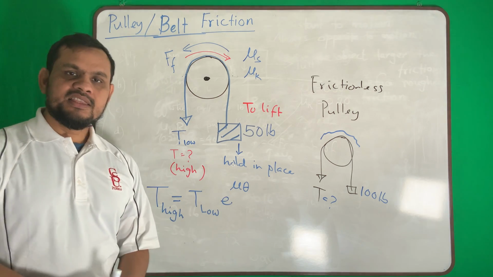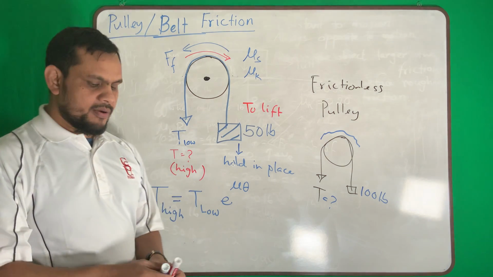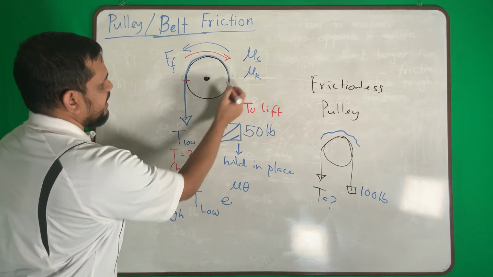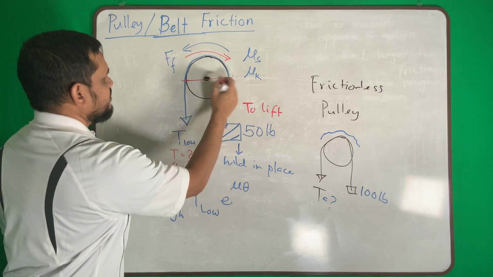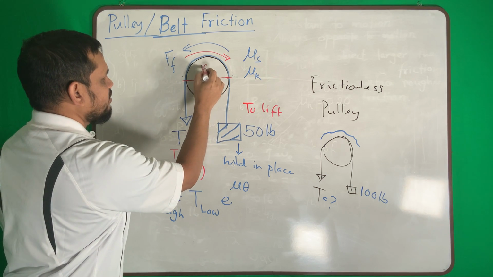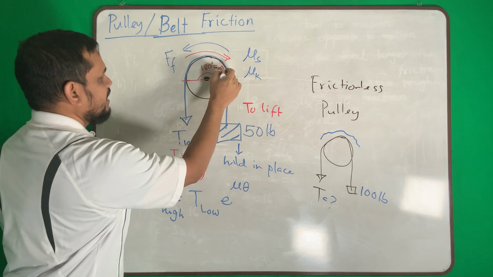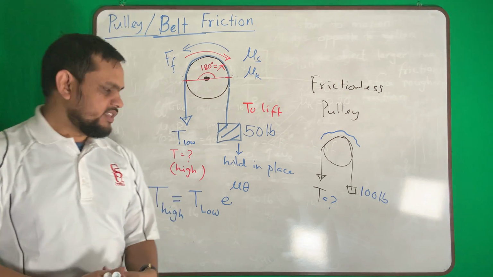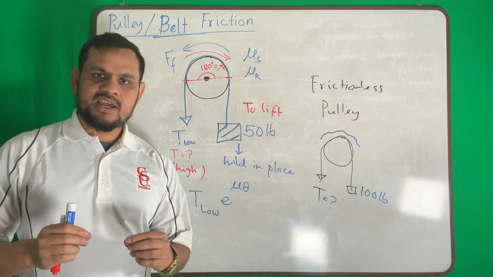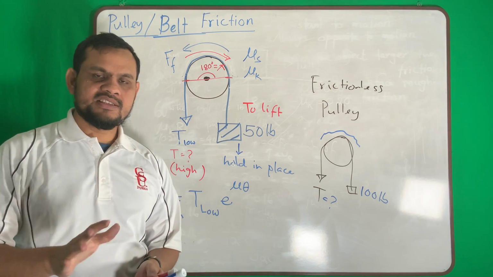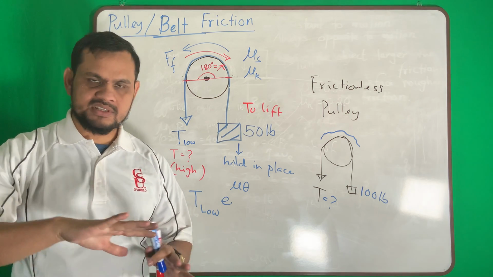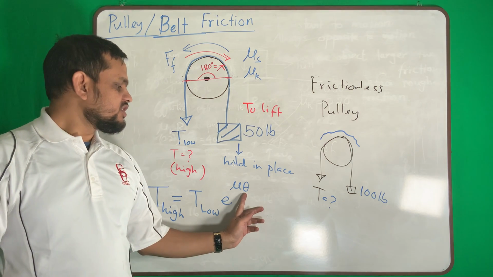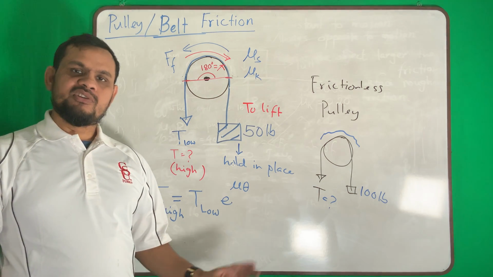What is theta? Theta is the angle of the belt on the pulley. Here you can see it starts touching here and ends touching here. So this is my angle. It is 180 degrees, but it should be in radians. Any theta in an equation that doesn't have sine, cosine, or tangent, an isolated theta, is always in radian.